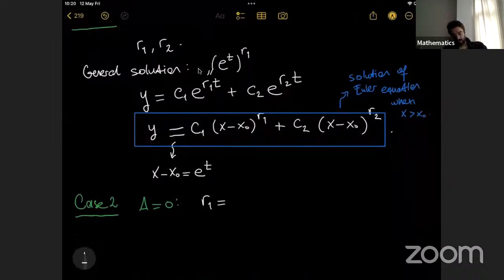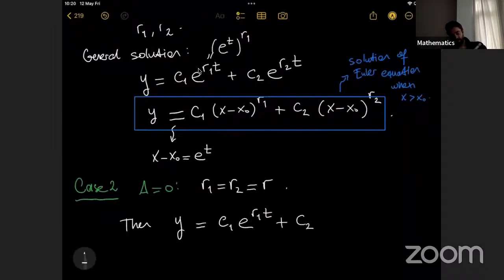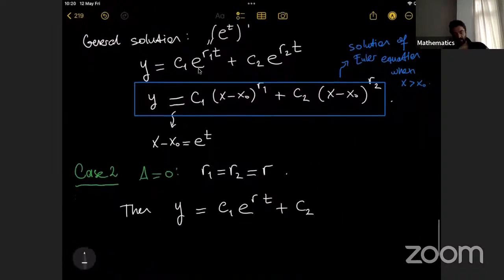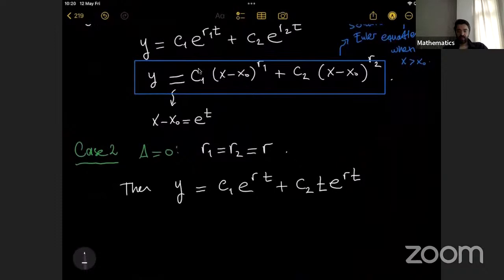So R1 is equal to R2 is equal to the same number, R. The general solution will be y is equal to C1 e to the RT plus C2 t times e to the RT, because when you have a repeated root, we multiply the solution with t. But let's write everything in x.